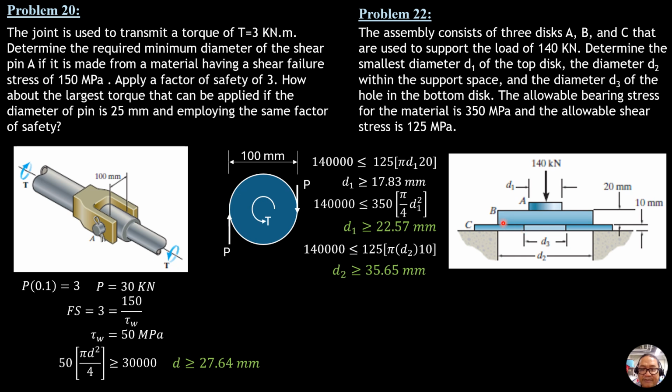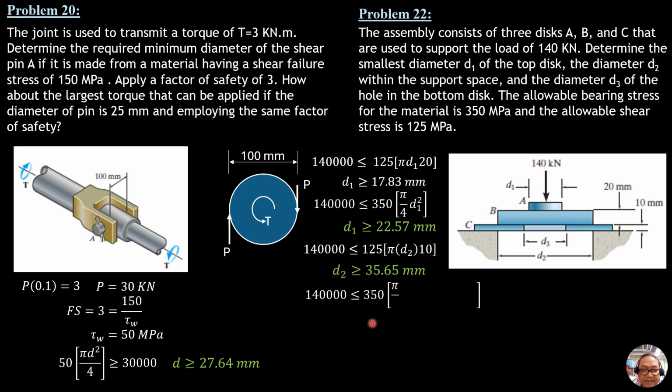So if bearing controls, the bearing area is pi over 4 diameter 2 square, which we already completed, minus pi over 4 diameter 3 square. Or if we factor out pi over 4, pi over 4 times diameter 2 square minus diameter 3 square, that's the bearing area multiplied by the allowable bearing stress 350, and it should be greater than 140,000.